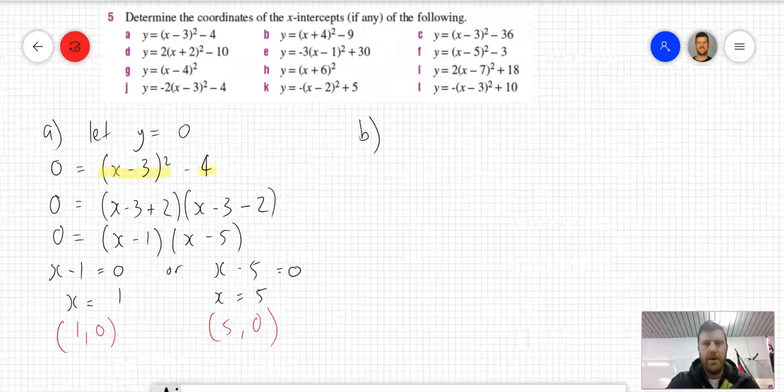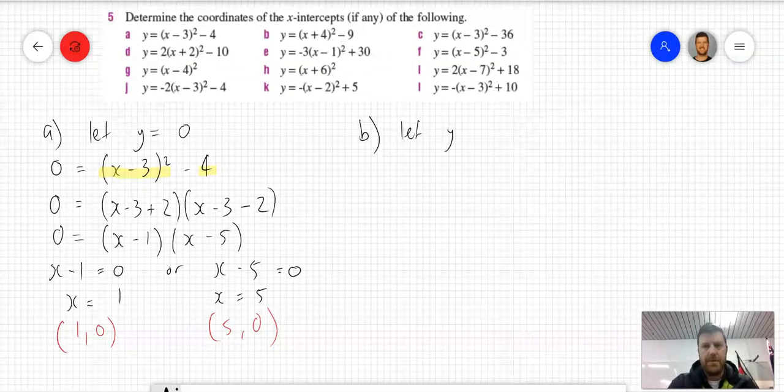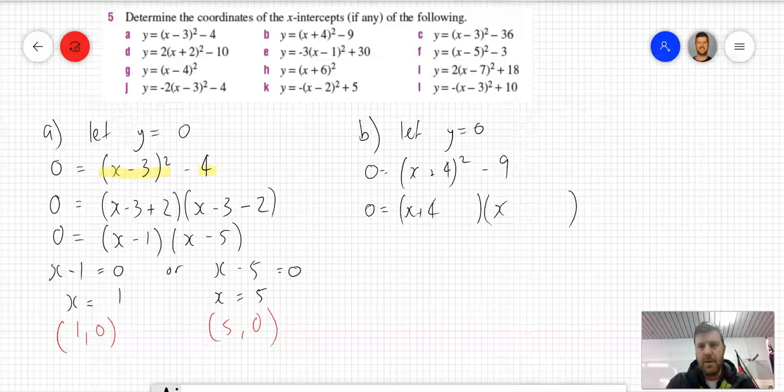Again, let y equal 0. I've got here 0 equals x plus 4 all squared, take 9. Again, I'm going to factorize using difference of perfect squares. 0 equals the front end of both brackets is the square root of x plus 4 all squared, which is just x plus 4. The back end is the square root of 9, which is 3, separated by a plus and a minus.